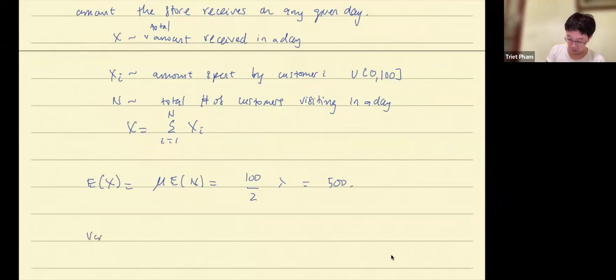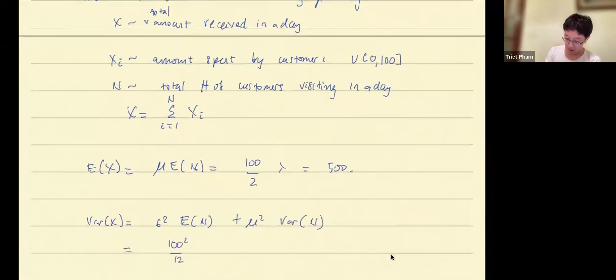And the variance will be sigma squared times the expectation of N plus mu squared times the variance of N. Sigma squared, being the variance of the Xi, will be 100 squared over 12, and then of course times lambda.